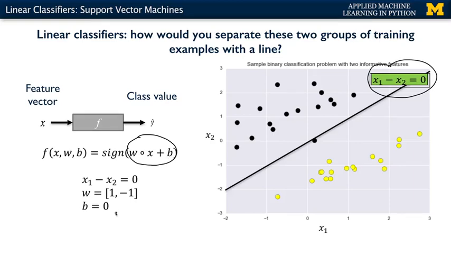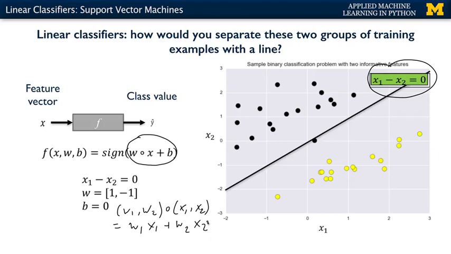So for example, if we have weights w1, w2, and the dot product with x1, x2, recall that this is just the same as computing w1 x1 plus w2 x2.